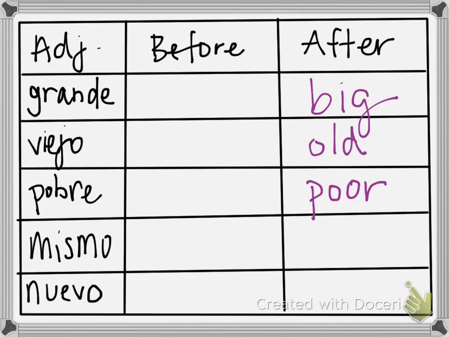Okay, let's talk about what these three mean now when you use them before the noun. Okay, grande actually changes to gran when you use it before. Just like malo becomes mal, bueno becomes buen, grande is going to become gran. Okay, however, when you use it before, it actually means great.